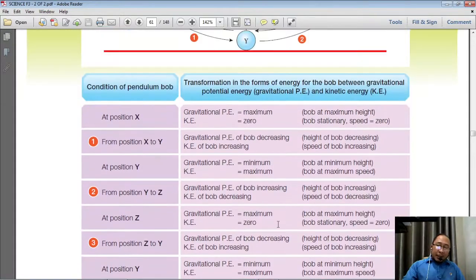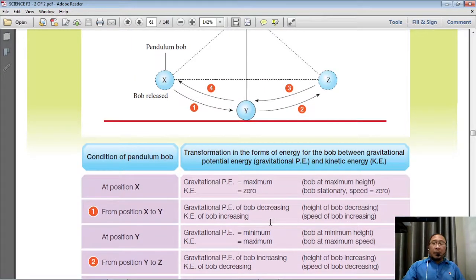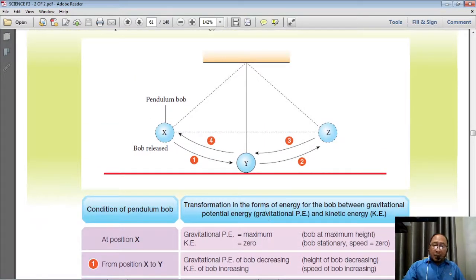So this is how to explain the oscillating system using the pendulum bob: when we oscillate this pendulum bob, its movement is exactly because of the changing of energy from gravitational potential energy to kinetic energy.